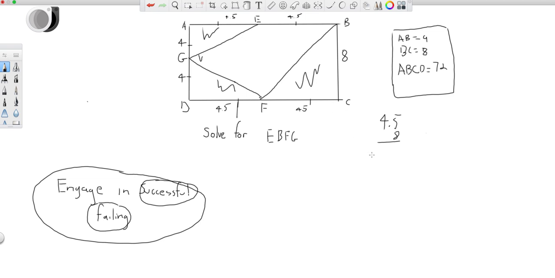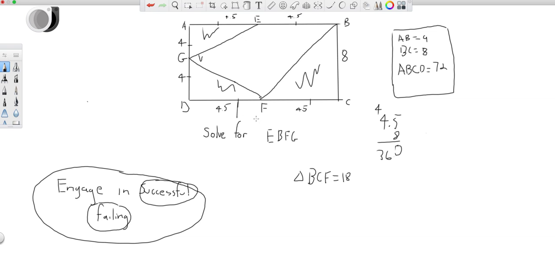But remember, we have to divide by 2, so that is 18. So triangle BCF is equal to 18.